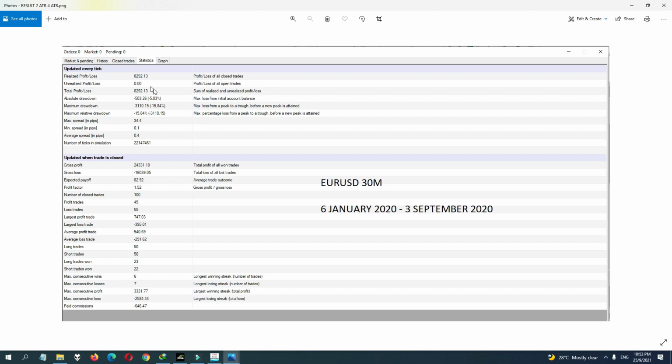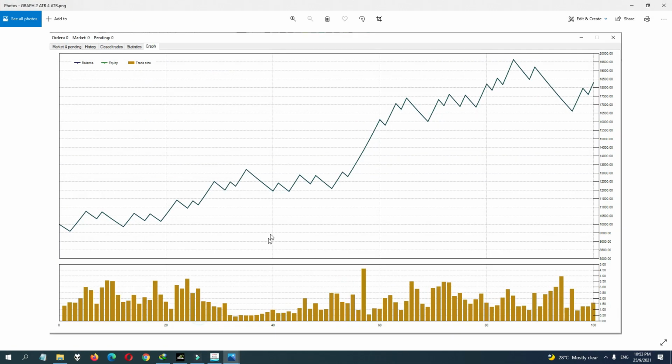So clearly this one is better. 2 to 1 is better than 1.6 to 1, and this includes spread and commission. Max consecutive loss 7 and max consecutive win 6. And this is the graph for the 4 ATR TP and 2 ATR stop loss.